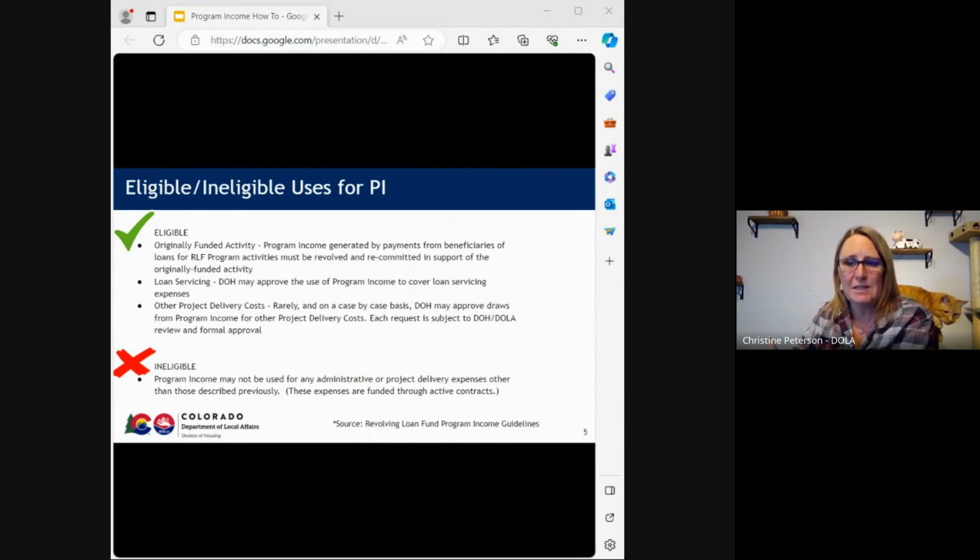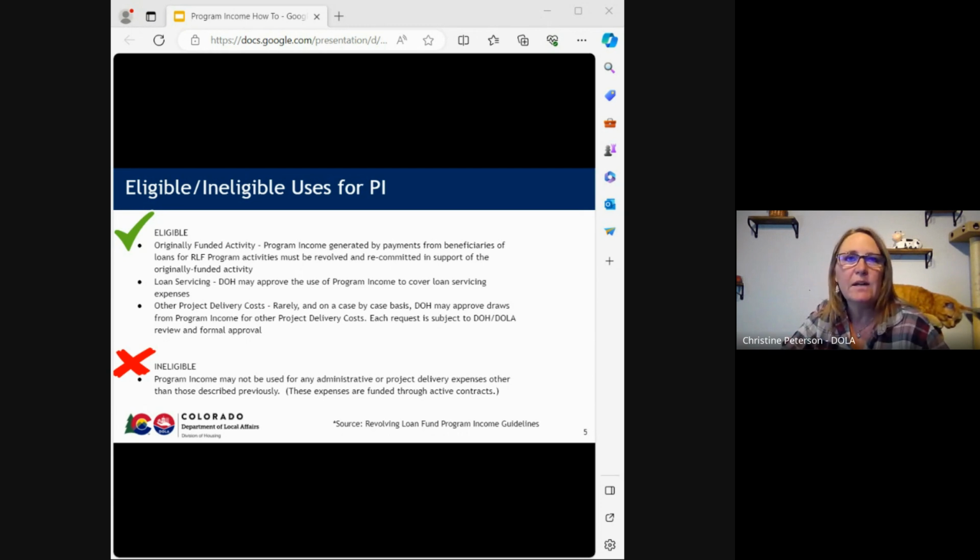This means if you have a DPA program and a large amount of program income, it needs to revolve back into down payment assistance. It can't just be shifted without a lot of additional paperwork to SFOO or any other program related costs that are not specific to DPA.